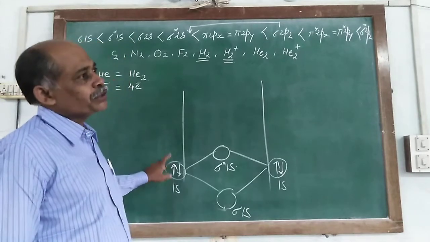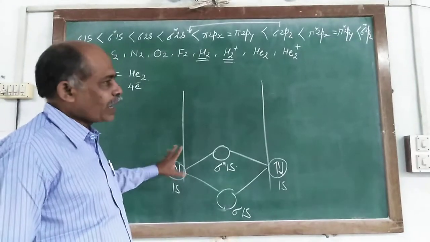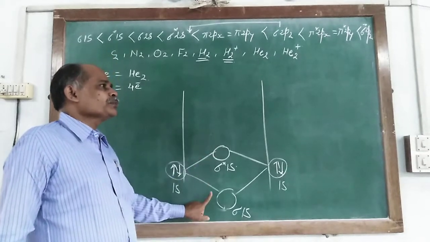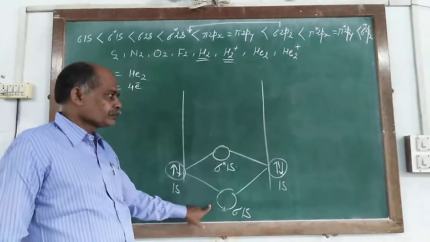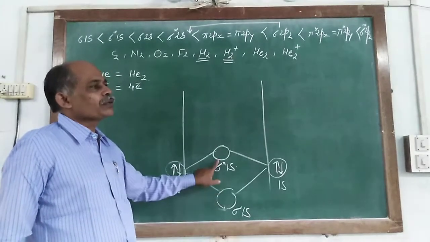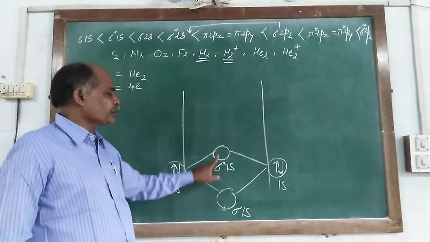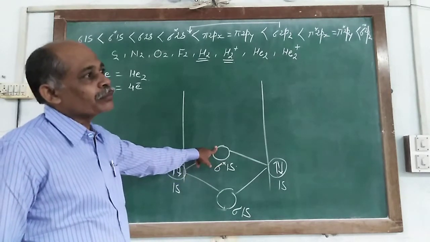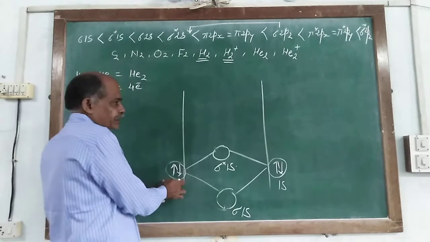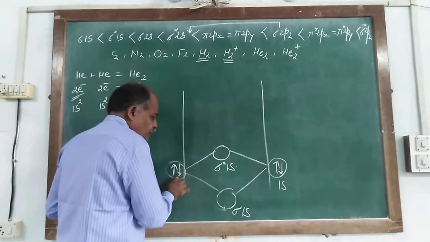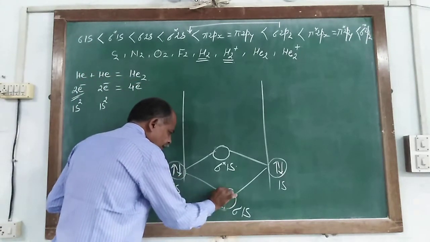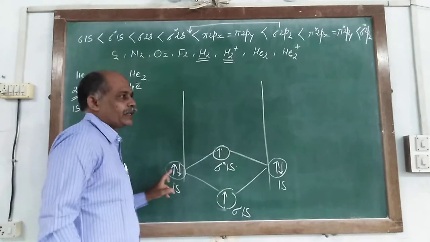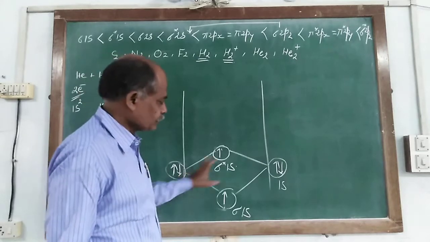From these 2 electrons, one is accommodated in the bonding molecular orbital and one in the anti-bonding molecular orbital.